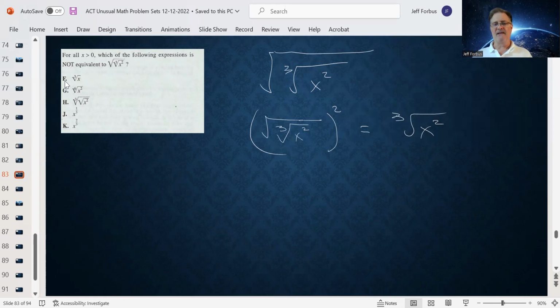Now we can rewrite this as an exponential, x raised to the 2/3 power. Okay, now look at your answer choices. Which one fits that? K.